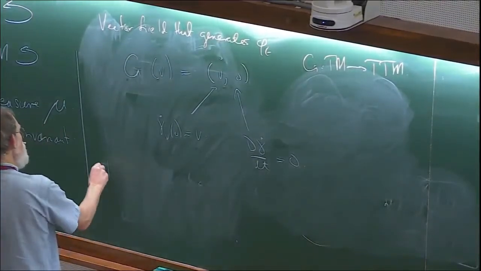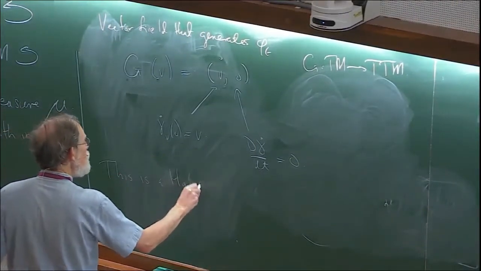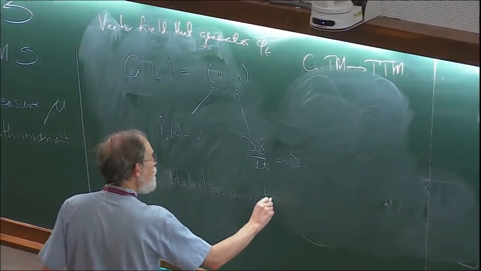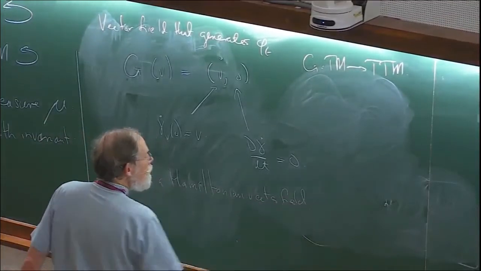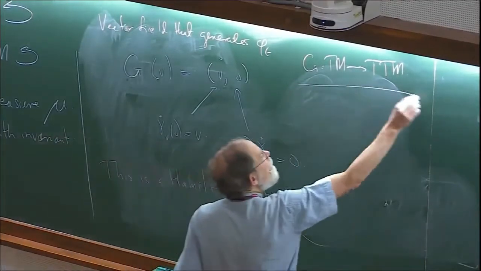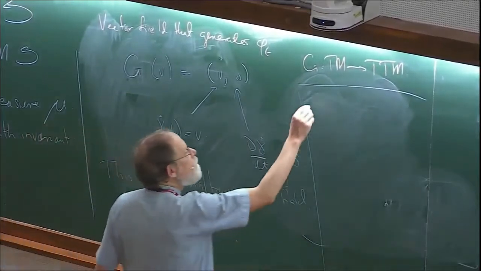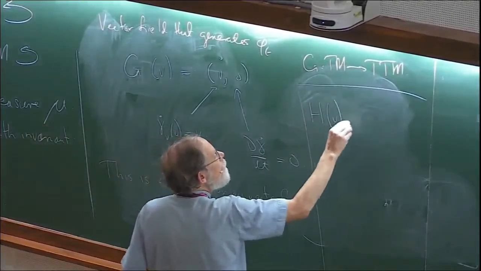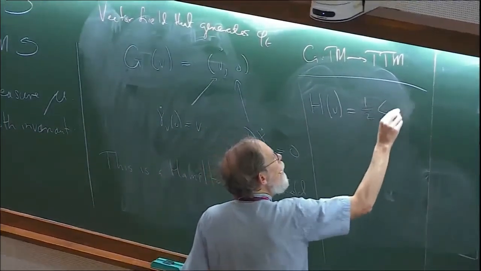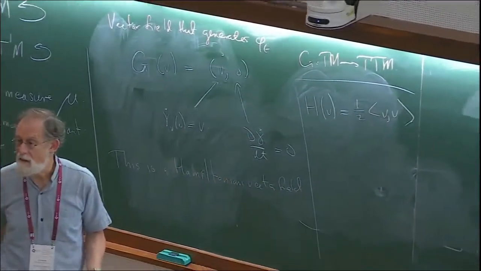And then the claim is that this is a Hamiltonian vector field. So to be a Hamiltonian vector field, you have to have a Hamiltonian function. So the function that is relevant here is this one. This is basically kinetic energy.